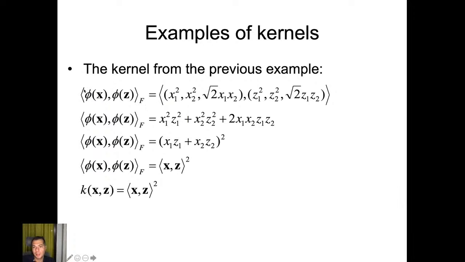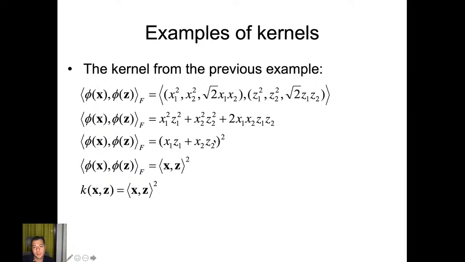So, trying to explicitly compute the components, we consider this definition of the kernel function. We compute the embedding, then the scalar product. So we multiply the corresponding components and we add them up. So we have this result.